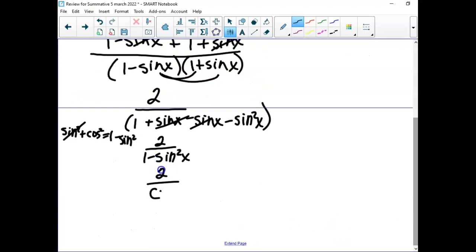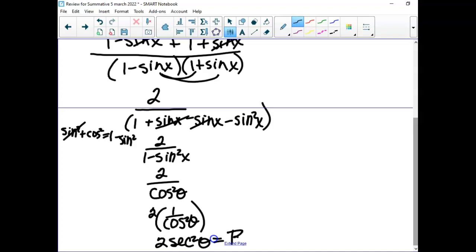So we have a 2 over cosine squared. Is that the same as a 2 secant squared? Because a 1 over cosine is a what? Yep, so this is a 2 secant squared. So it's equal to what was on the right-hand side way up above.